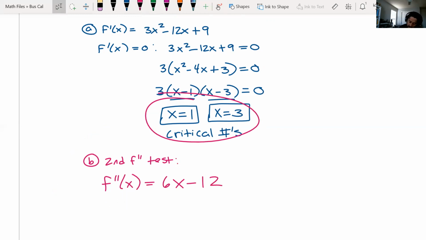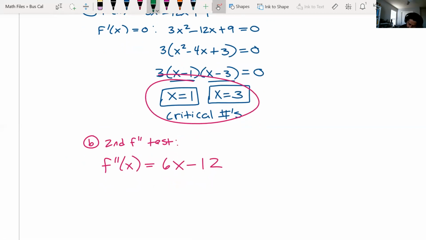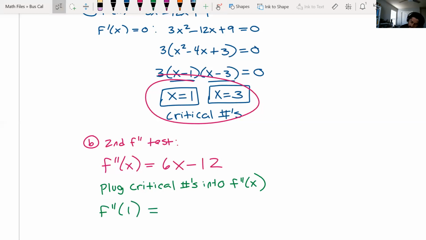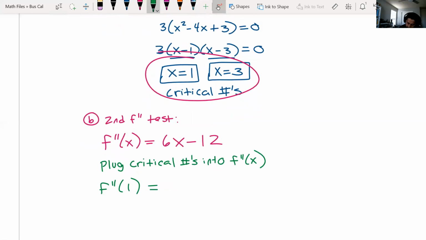So I'll write that, of course. Plug critical numbers into f double prime of x. Okay, so we'll get f double prime of 1 and f double prime of 3.